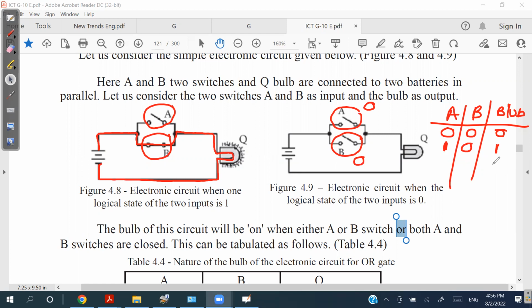Let me take it the other way around. If A is not closed and B is closed, then the bulb is lighting up. If A is closed and B is not closed, again the bulb is lighting up. If both are closed, still the bulb is lighting up, right? Which replicates the OR gate operation, right? Is that clear, people?